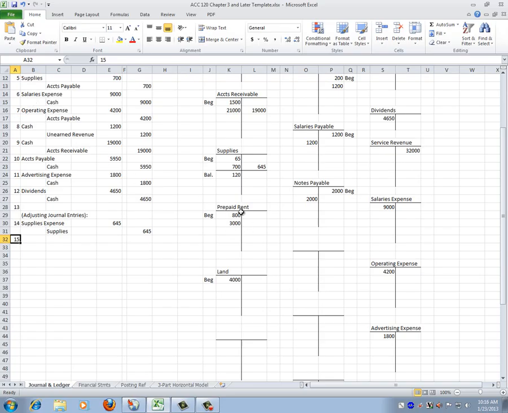Plus we've used up all 800 that was prepaid starting the year. So we need to move 2,800 out of the prepaid rent asset.